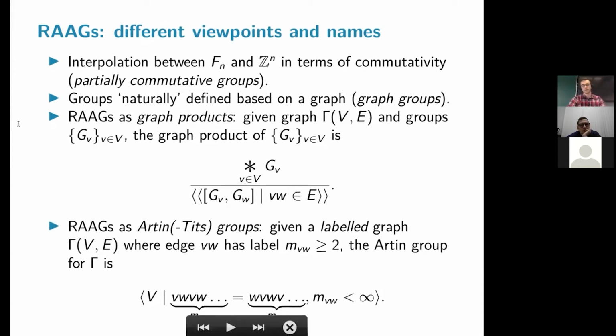Then as subfamilies, you can view them as two types of subfamilies. On the one hand, you can view right-angled Artin groups as graph products. So generalize the idea of taking a graph and associated to it a group using this construction. So instead of just taking a generator for each vertex, you take a group for each vertex.